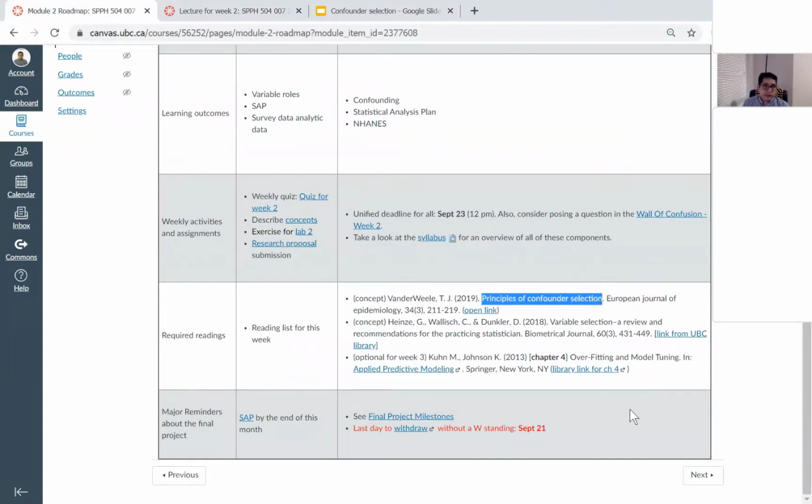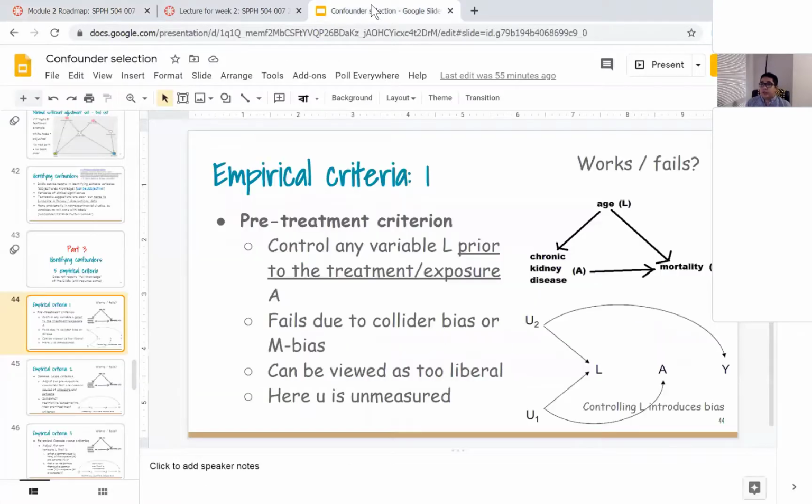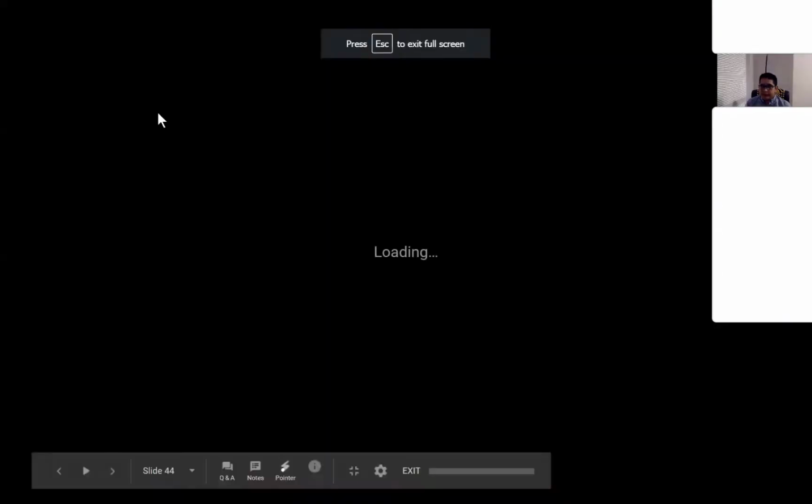This is the main paper for today's lecture, and everything that I discuss today, including some of the video materials, is very well described in this very nice paper. So I'm just going to use some of the examples that are shown in that paper.